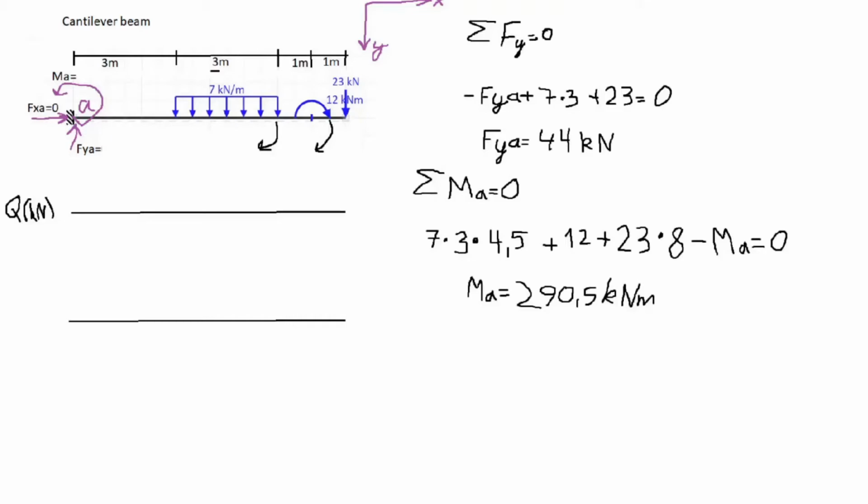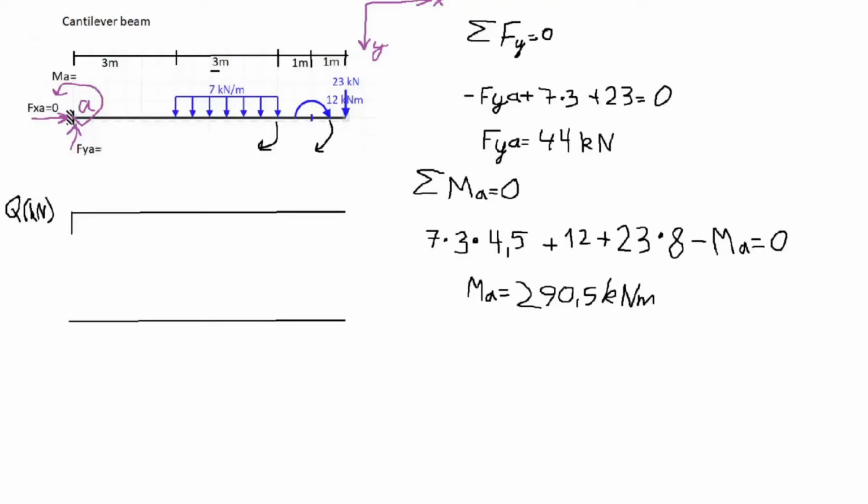So when we have a reaction force Fya that is going up, it will create an opposite shearing within the beam that has the same magnitude. So the first force Fya is a negative force, but it creates an opposite shearing, which is a positive shearing.